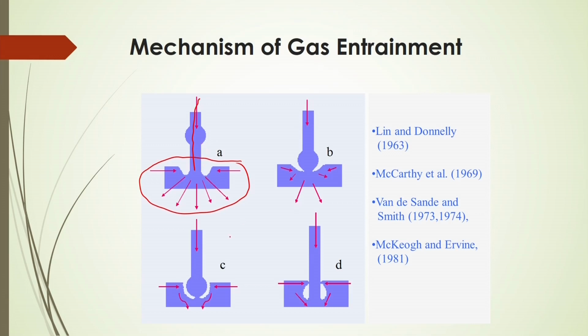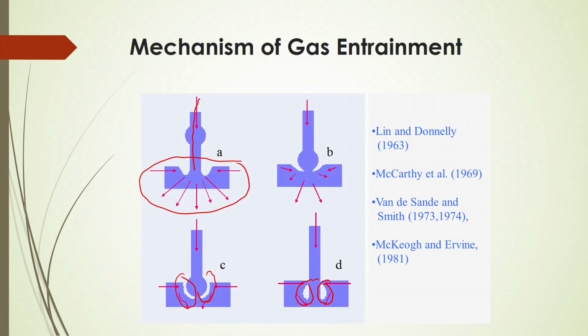After that breaking of the pool, the liquid jet entrains gas at this location, and finally it will be entrapped into the pool of the liquid, and in this way entrainment of the gas happens in the liquid.